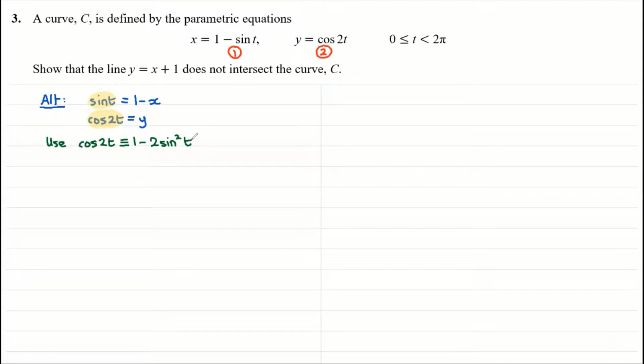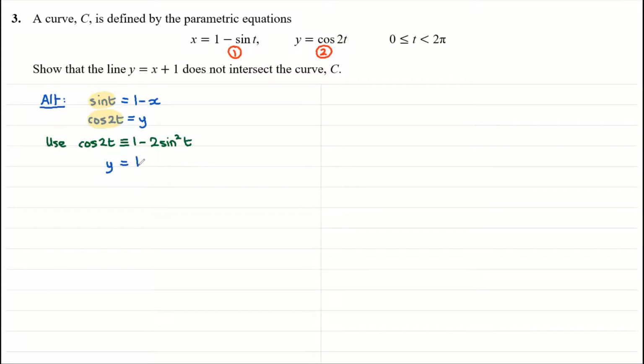Now, this is really good. So the cos 2t, I can simply say, okay, great. We can swap that out straight away. So y, and remember, we lose the identity, we lose that third line because we are specifying that in this situation, sine t is equal to 1 subtract x and cos 2t is equal to y.